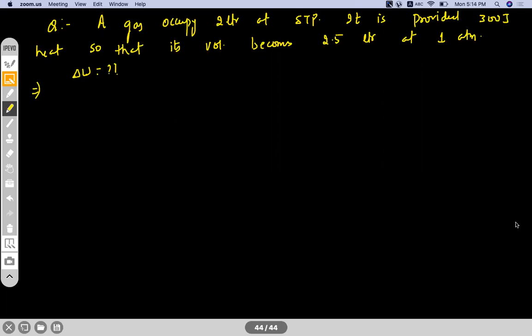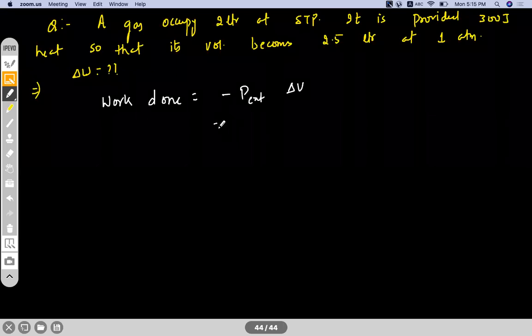Okay, so here work done is equals to, we'll write minus P external delta V. P external is 1 atmospheric.